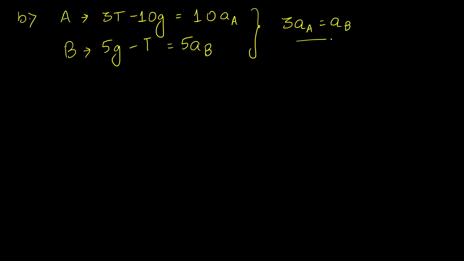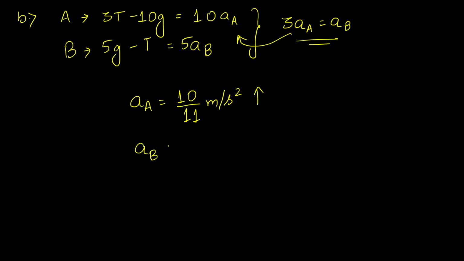So if you just put these things over here and solve these equations, then you will get acceleration of A is equal to 10 upon 11 meters per second square in the upward direction, and acceleration of B is equal to 30 upon 11 meters per second square in the downward direction. And that is the answer.